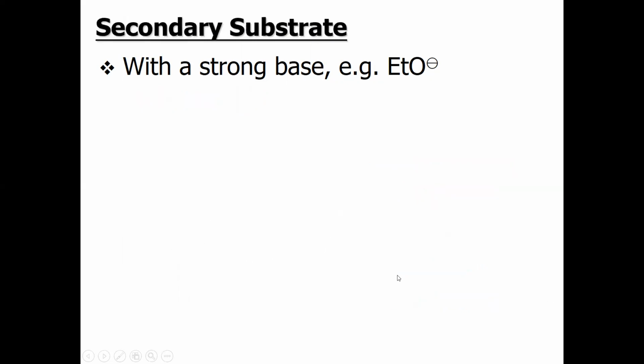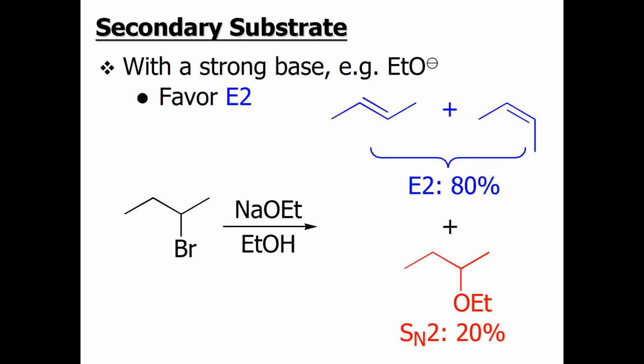Just 10%. Similarly, if you are using a secondary substrate with a strong base, in the previous example we had the primary alkyl halide. Now in this example I am using a secondary alkyl halide. A secondary alkyl halide with a strong base favors elimination. It is the opposite of the primary alkyl halide.